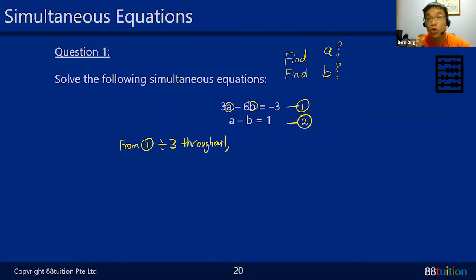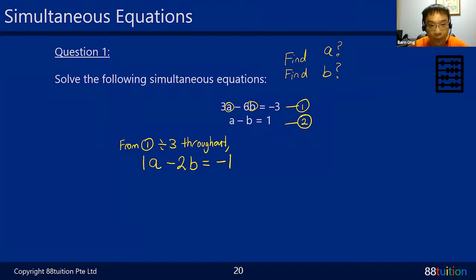So 3a divided by 3 is 1a. Negative 6 divided by 3 is negative 2b. Negative 3 divided by 3 is negative 1. Because everybody has multiples of 3 inside, you purposely make the numbers smaller. Doreen gives me the answer b equals 2.